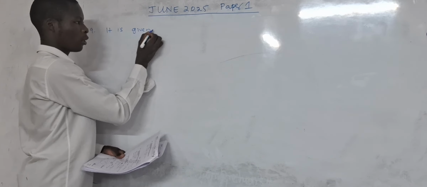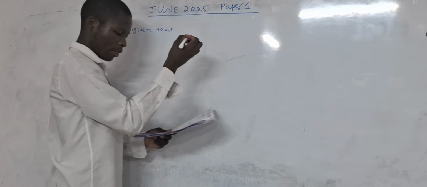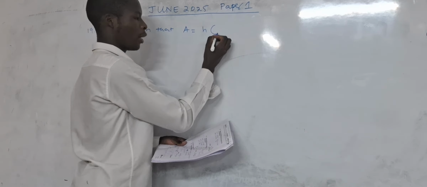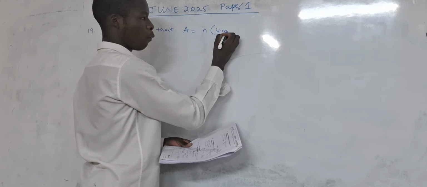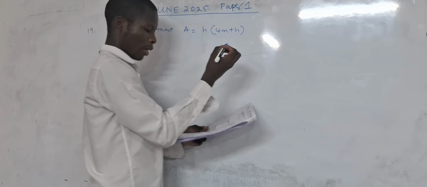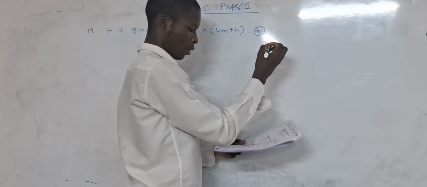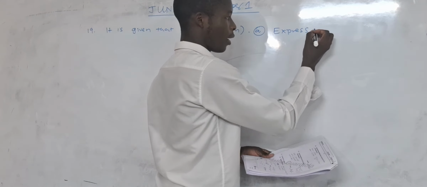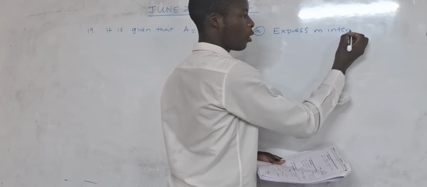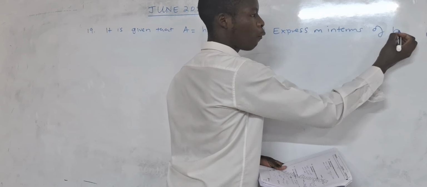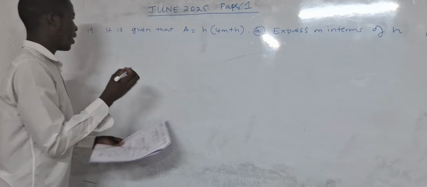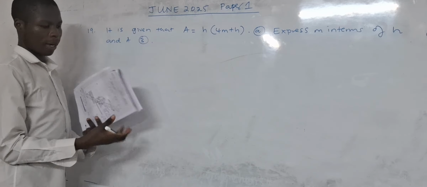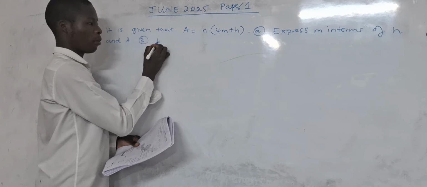It is given that A is equal to H open bracket 4M plus H close bracket. A. Express M in terms of H and A. This is a 3-mark question.